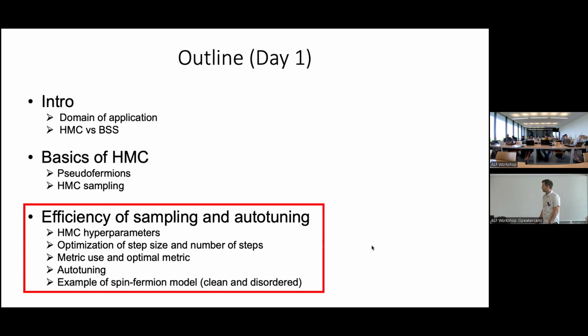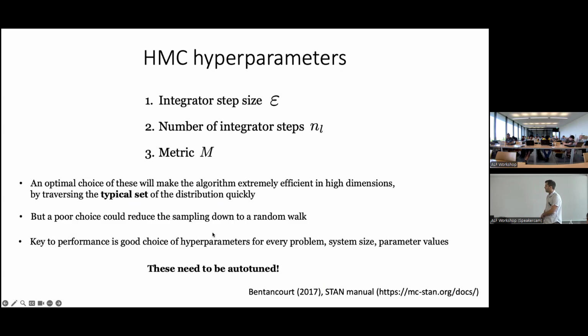Okay. So now I'll talk about the efficiency of sampling and our auto-tuning procedure. So we'll just go over the HMC hyperparameters. The HMC, as formulated with the discretized integrator, has 3 what I'm going to call hyperparameters, which are parameters of the method.